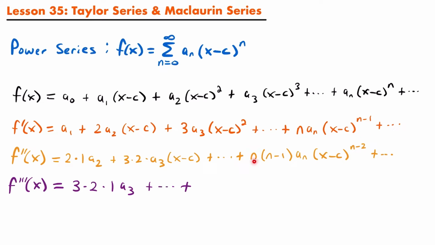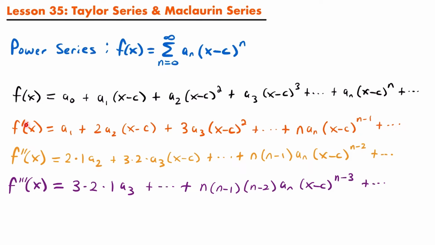And so let's take the derivative of this term by multiplying this exponent down and subtracting 1 from it, and we'll have n times n minus 1 times n minus 2, that's the exponent that we multiplied down, and then we'll have a sub n times x minus c to the power of n minus 3, because we have to subtract 1 from that exponent, so n minus 2 becomes n minus 3, and we will add the rest of our terms from there.